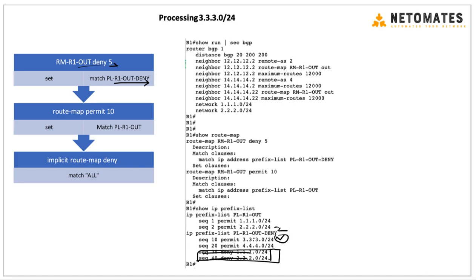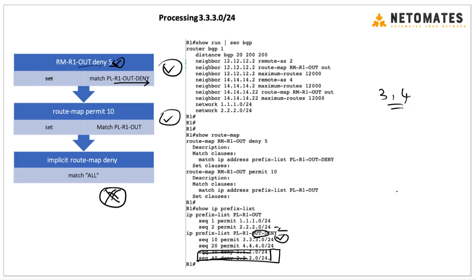It is matching this prefix list, and this prefix list is matching the first route map statement, so we will deny these routes from being advertised. Same thing happens for the 4 network as well. So we hit this route map for 3 and 4, and for 1 and 2 we are hitting this one. So we are not hitting the implicit deny now.